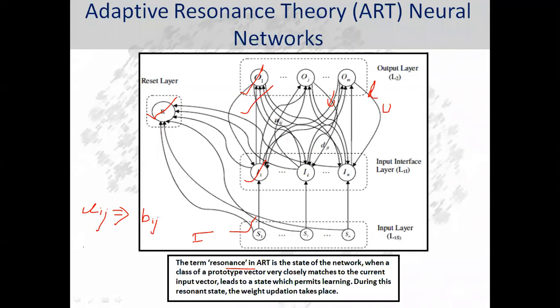And also the term D of ij will be replaced using the top down. Top down means the term T. It will become T of ij. So logically the things remain the same.